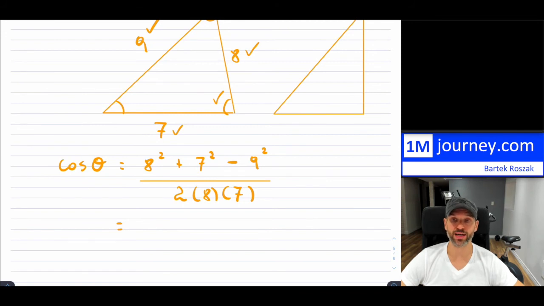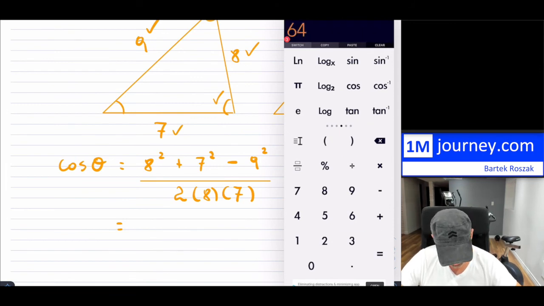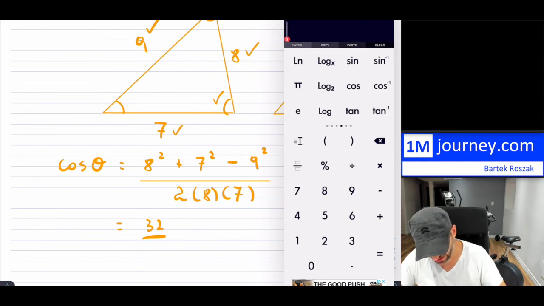Once we have that one angle, we don't need the cosine law anymore, because we can use the sine law to find the other angle. And the last angle we can find by knowing that it's 180 degrees for all triangles. So let's try this. 8 squared is 64, plus 7 squared is 49, minus 81 is 32, all over 2 times 8 times 7. 8 times 7 is 56, and 56 times 2 is 112.